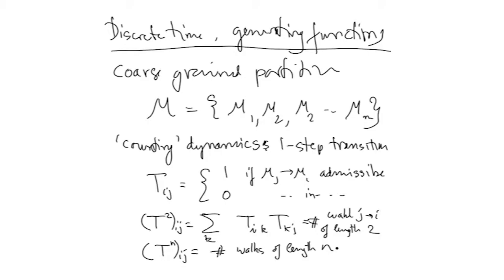Now, this is just counting, but what we really care about in dynamics is not so much counting, but also the likelihood that something happens. And that's very easy to understand also on the topological level. Consider state space. So here is a state space M. And within this state space, there is a partition which we call Mj, and there is another partition which we call Mi.